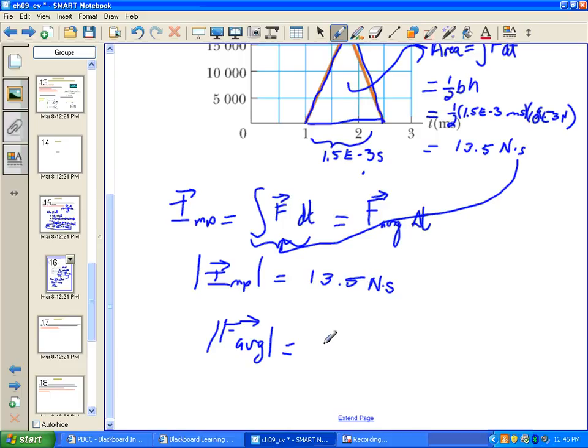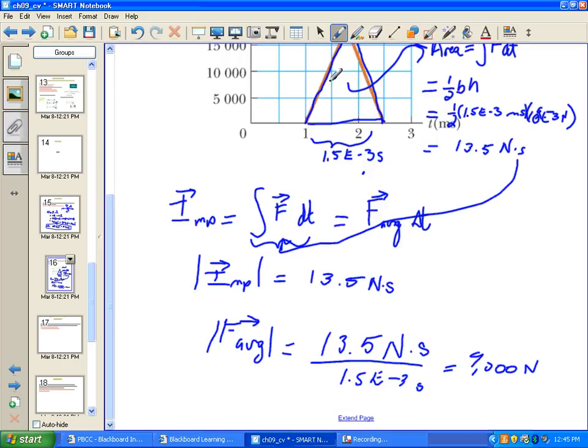So, since we just determined the integral of f dt, which is our impulse, we can use that result divided by the delta t, which is, of course, that time period, 1.5 e to the minus 3 seconds. And this yields the result of, I believe it should be 9,000. Yes, in fact, 9,000 newtons.